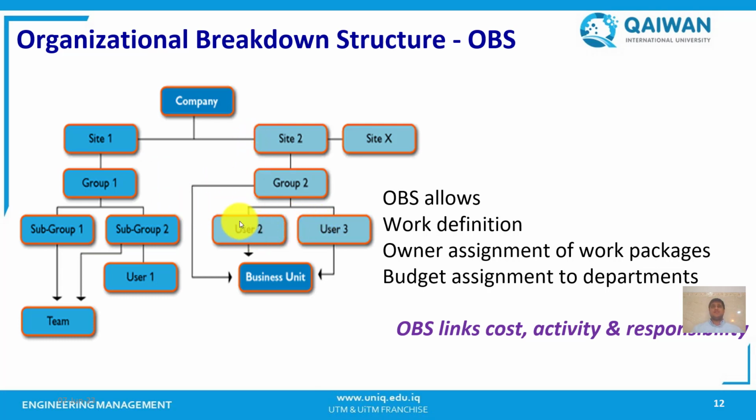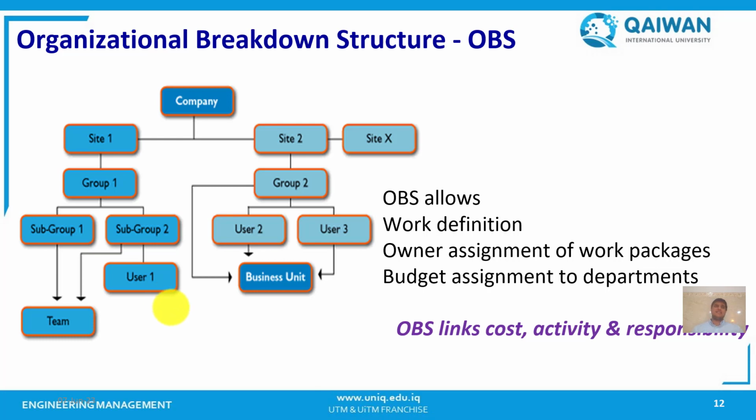The OBS typically includes departments, teams, or functional units, and it shows how they are linked to specific project activities or work packages. The OBS helps to clarify roles, responsibilities, and accountability within the project.